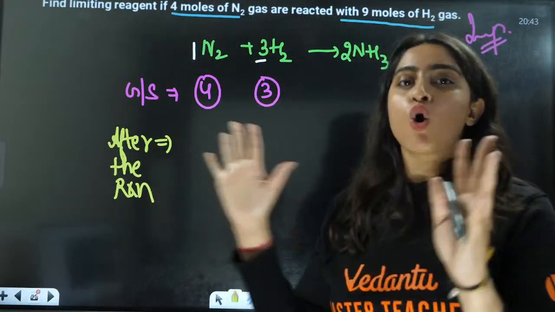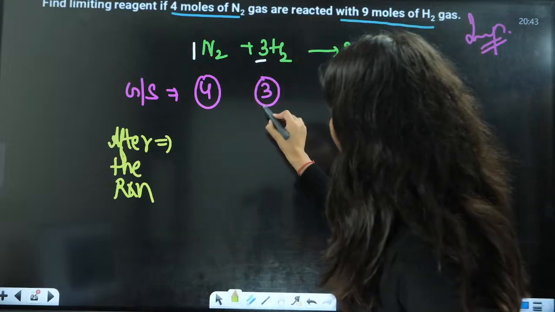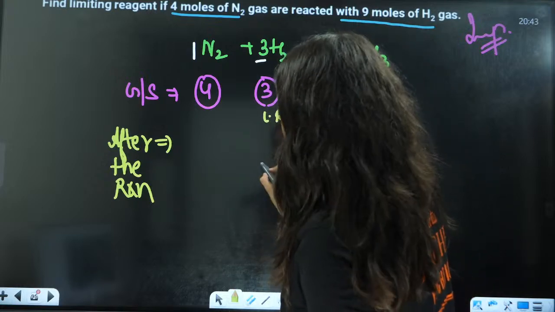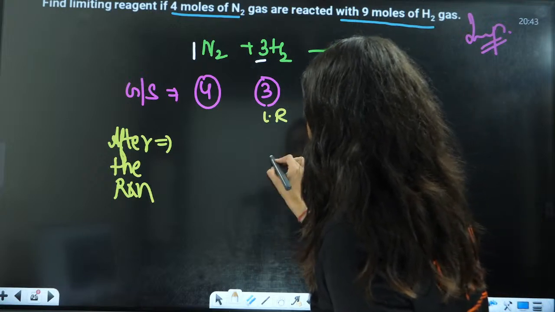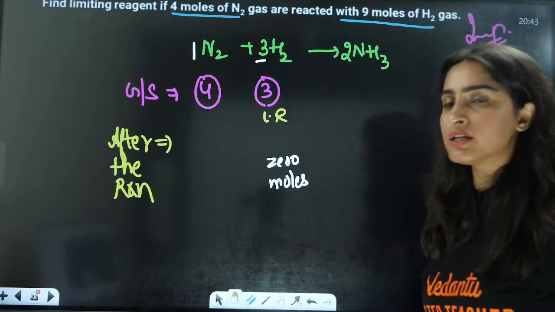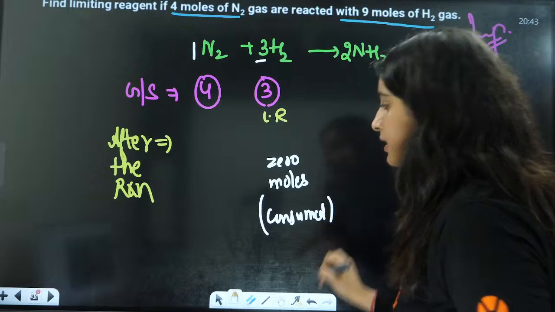The limiting reagent is always fully consumed, so it will always have 0 moles. It will be consumed totally.